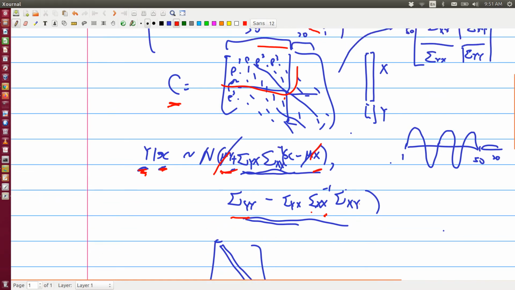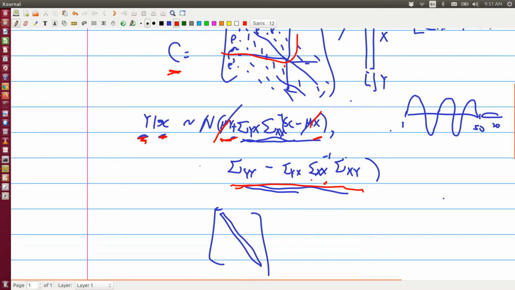So then we have both the mean and the covariance of the conditional y given x. The variances of these samples will be just the diagonal. Then we can take the diagonal and take the square root of that to get the standard deviation.